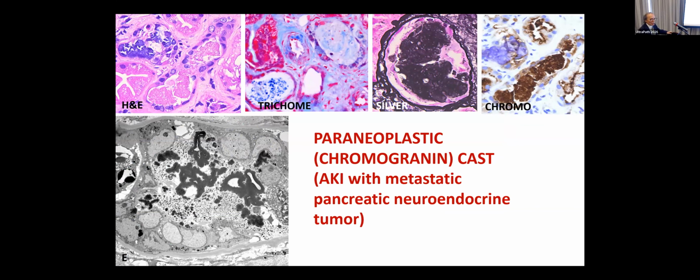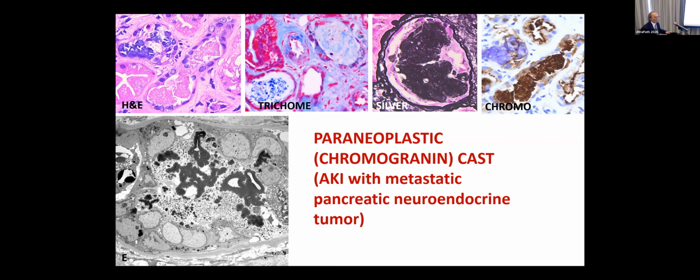There are situations in which the tumor will make a lot of paraprotein, and the paraprotein in circulation somehow accumulates in the tubule to form a cast, and that is called a paraneoplastic cast. The chemical structure of the cast is variable.